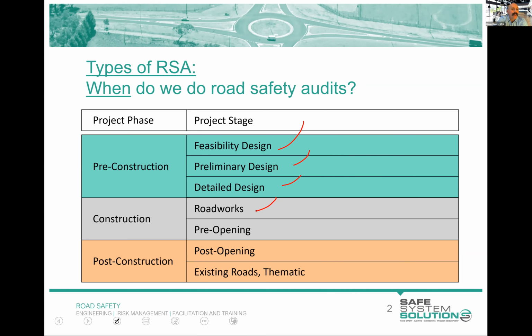You've got your pre-opening before the ribbon is cut, so the road's closed to traffic, or that area is closed to traffic, and you have a look at it. Post-opening is very briefly after it's open to traffic, and you're getting in there fairly quickly after that. Existing roads, that's the one where you're looking at what's there, and thematic audits being pedestrian, cyclist, or motorcycle-specific audits.